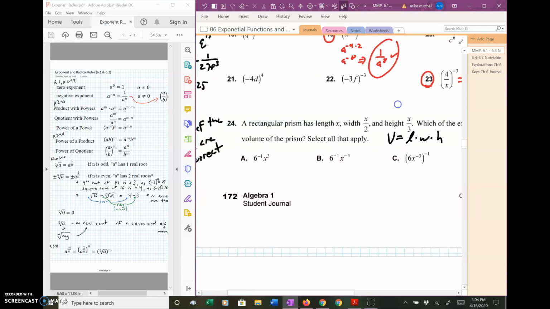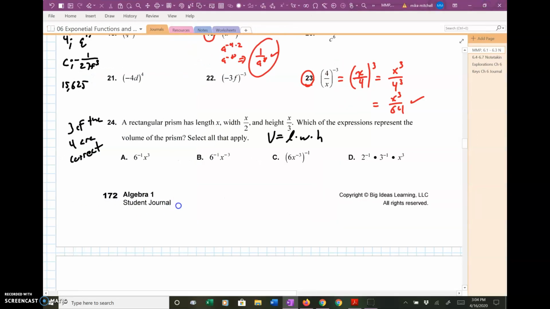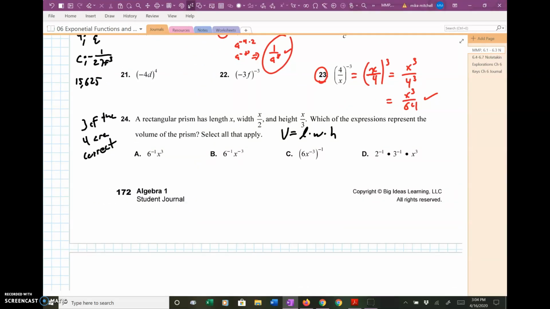Number 24. I'm going to go back to the full screen here. Okay, since we've got a wordy problem, 3 of these 4 are correct. Volume is length times width times height for a rectangular prism. So that's going to be x times x over 2 times x over 3, which gives me x cubed over 6.